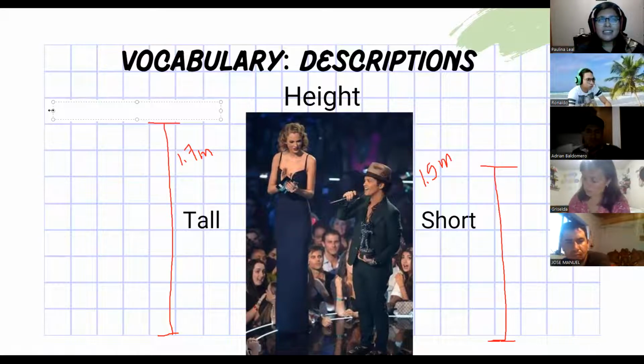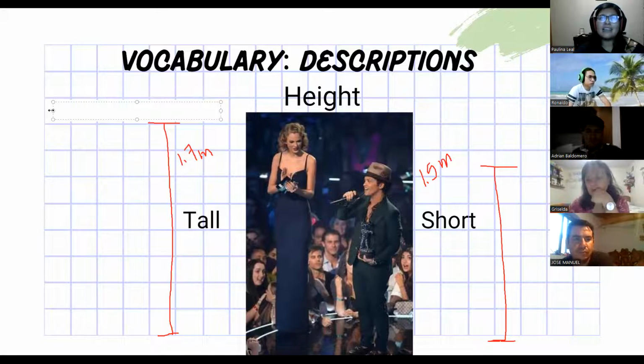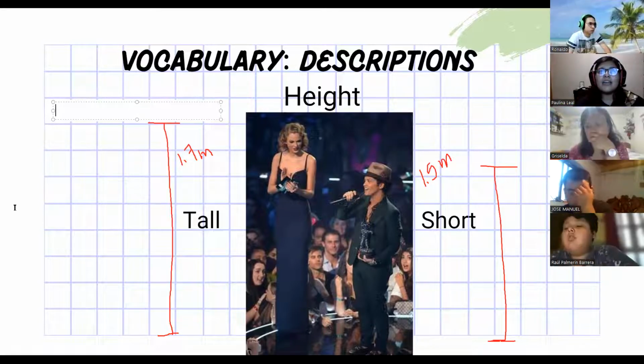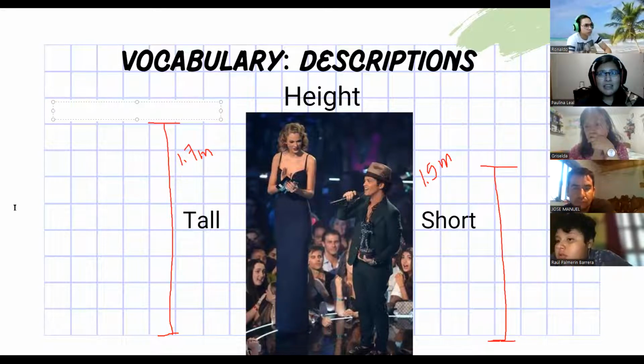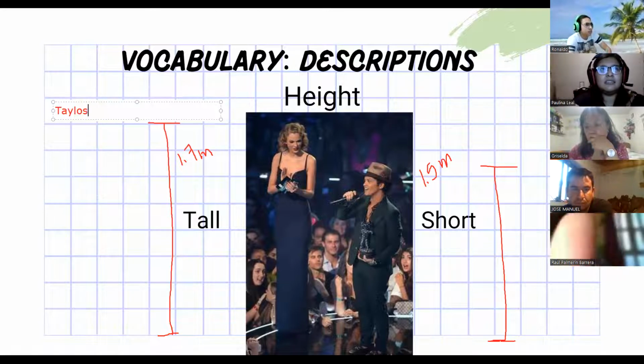Él es chaparro. Somos altos. So it's the same in English. Es igual en inglés. So instead of using have, I'm going to use be. Is, am, are.